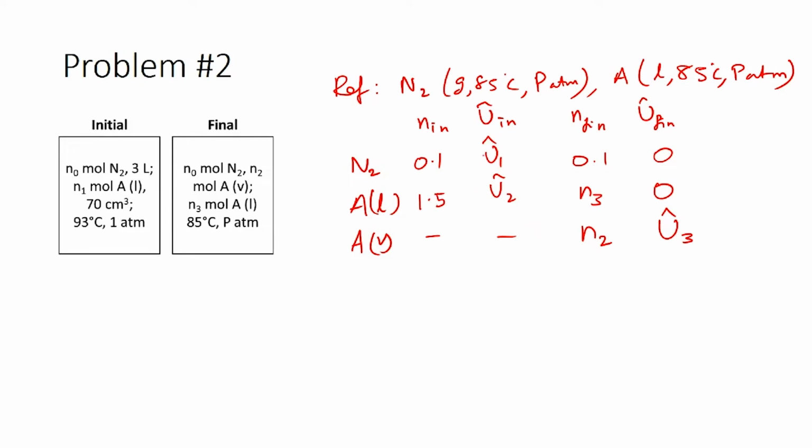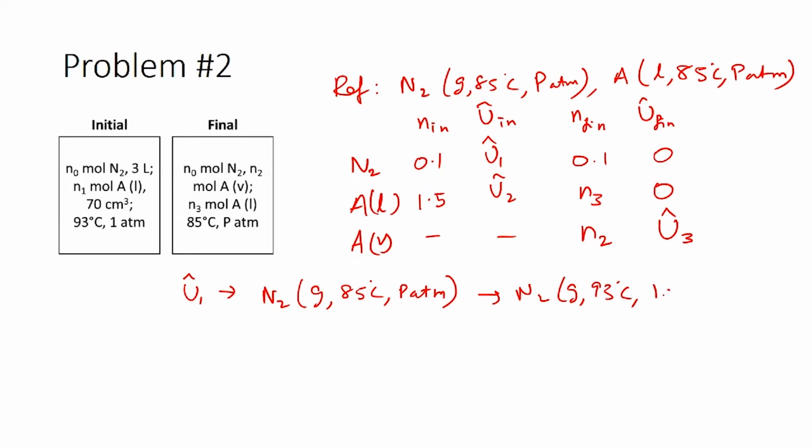U1 cap is the change in temperature for nitrogen gas from 85 degrees Celsius to 93 degrees Celsius. So, U1 cap is nitrogen gas at 85 degrees Celsius and P atmospheres going to nitrogen gas at 93 degrees Celsius and 1 atmosphere. Assuming that pressure has no effect, you would end up with only the change in temperature.